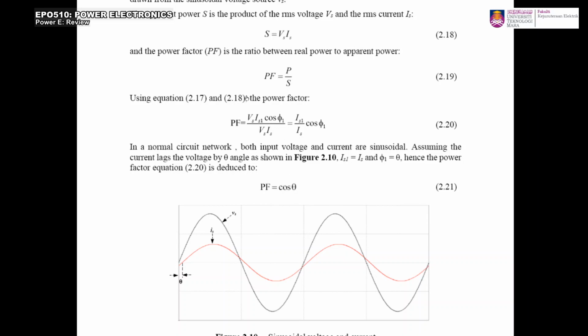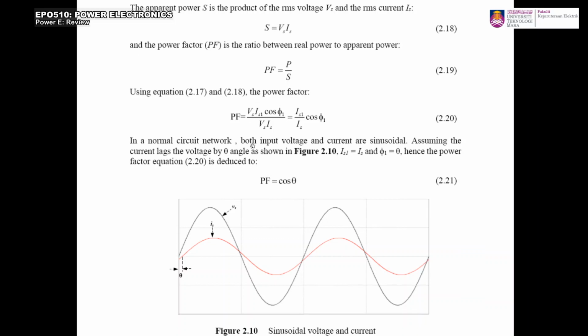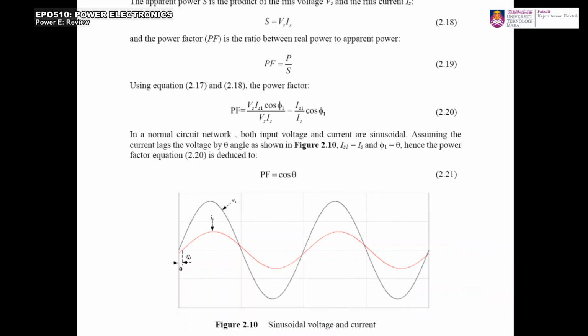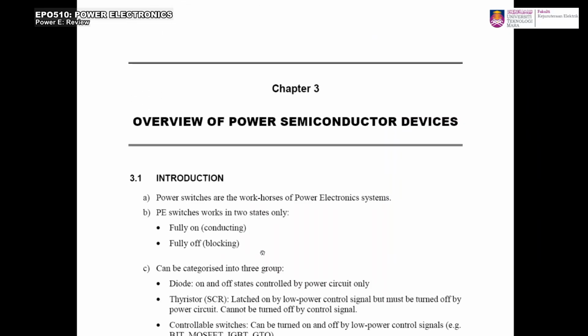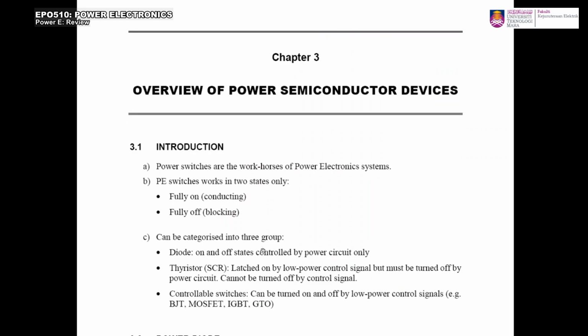So if you follow this note, you will understand why power factor is always cos theta for sinusoidal current and voltage.